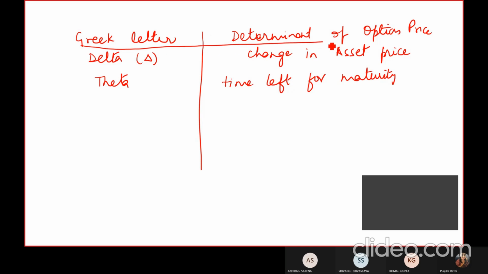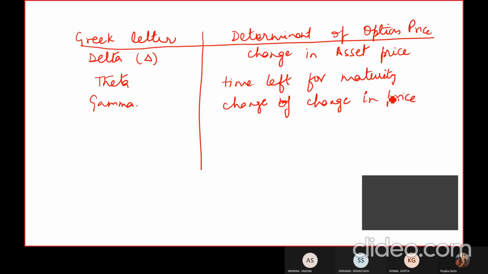And we have gamma. एग्जाम में पूछा जा सकता है, what is the meaning of theta, what is gamma? Gamma is change in price, that is volatility. Change in price, no, it is not volatility, it is sensitivity actually.